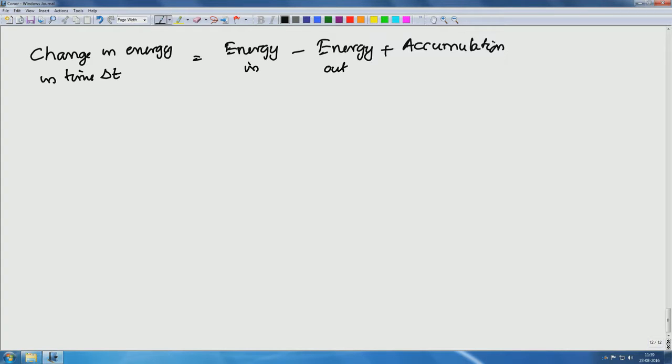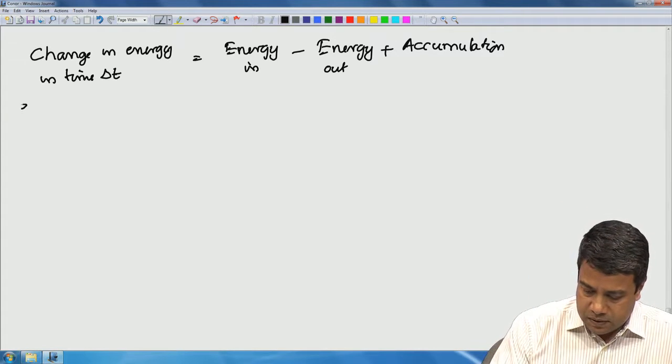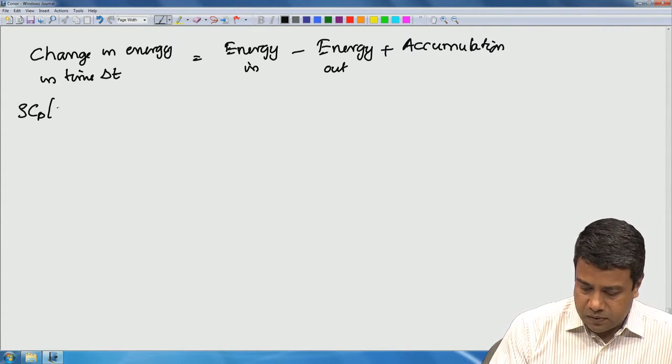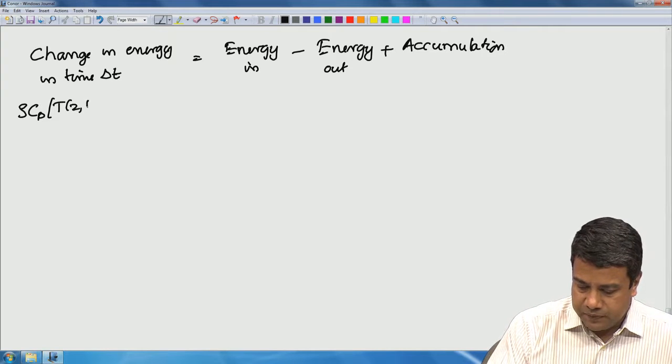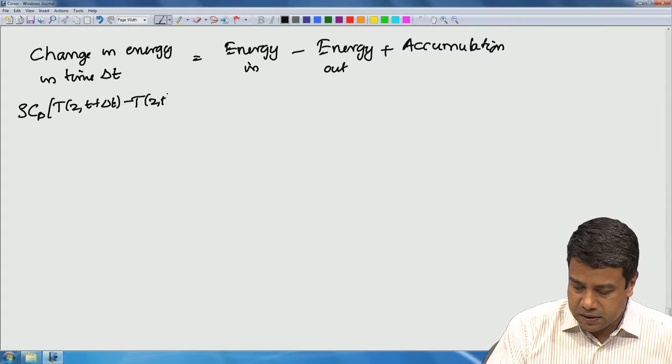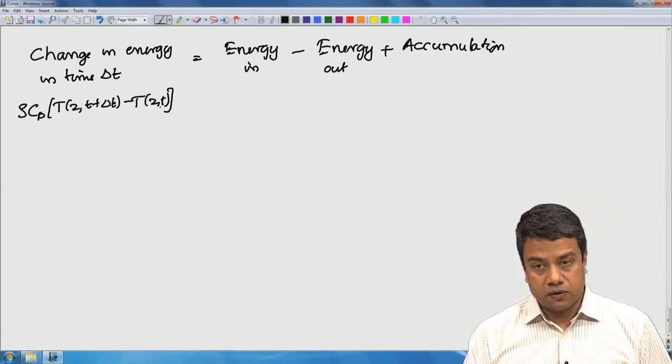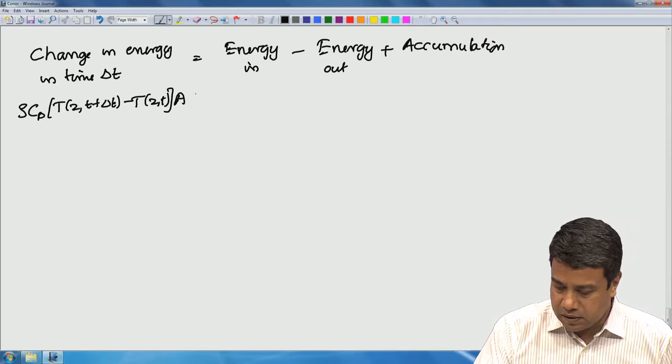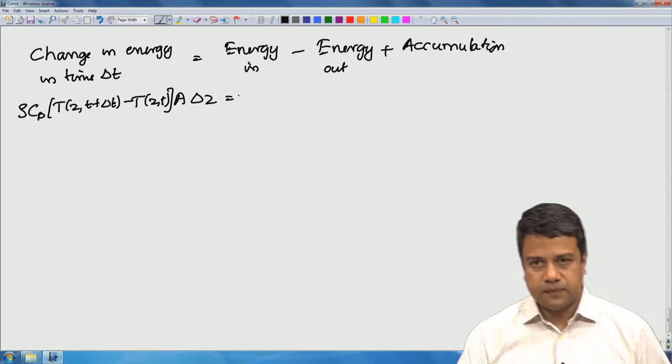That is a basic balance. The change in energy in a time delta t, I had said, was equal to rho Cp into T at z, t plus delta t minus T at z, t into the volume, that is the area into the height.